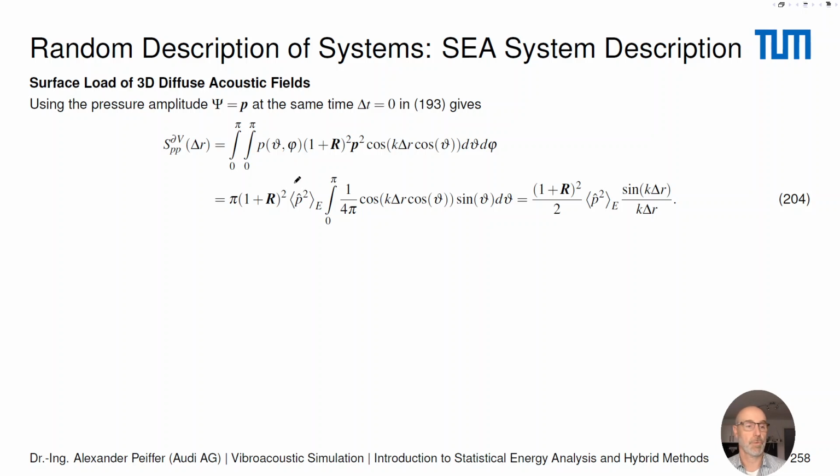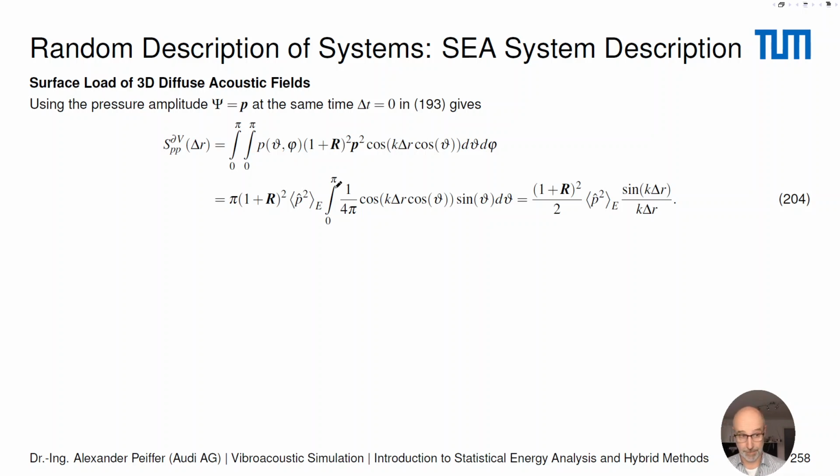And if we do so, we get this expression here. There are some small changes. The azimuthal angle goes from 0 to pi because we're just having a half space available. And we have the extra pressure because the pressure at the surface is the pressure itself plus the reflected one, that's adding up at the boundary.